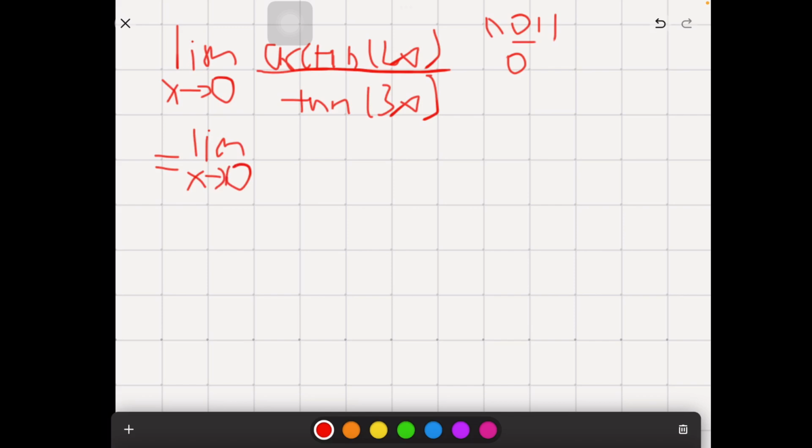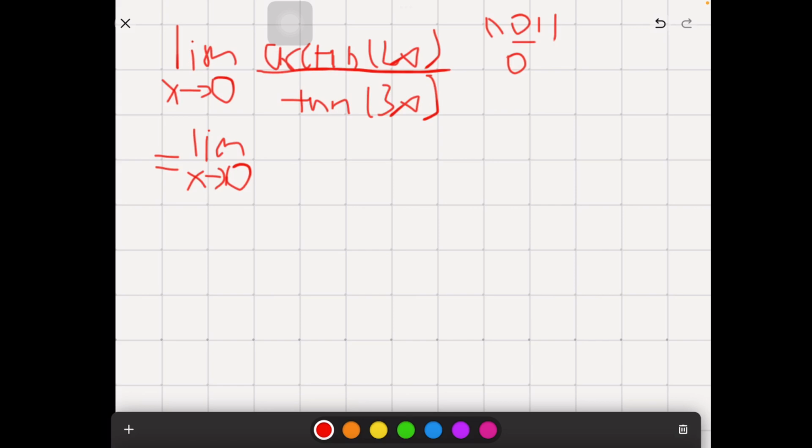Okay, so if you take the derivative of the top, the derivative of arctan without the 2x, if we just ignore the 2x, is 1 over 1 plus x squared, right? But because we have the 2x, we have to substitute that in as x.